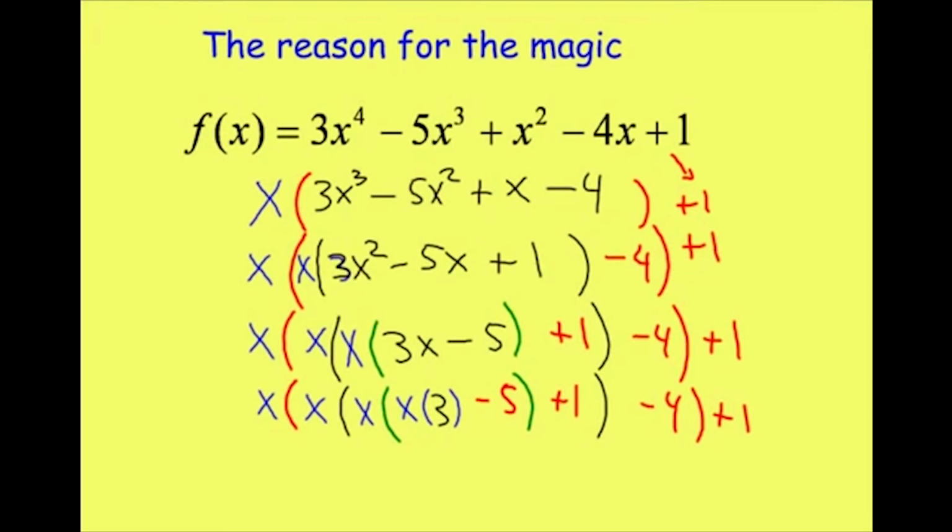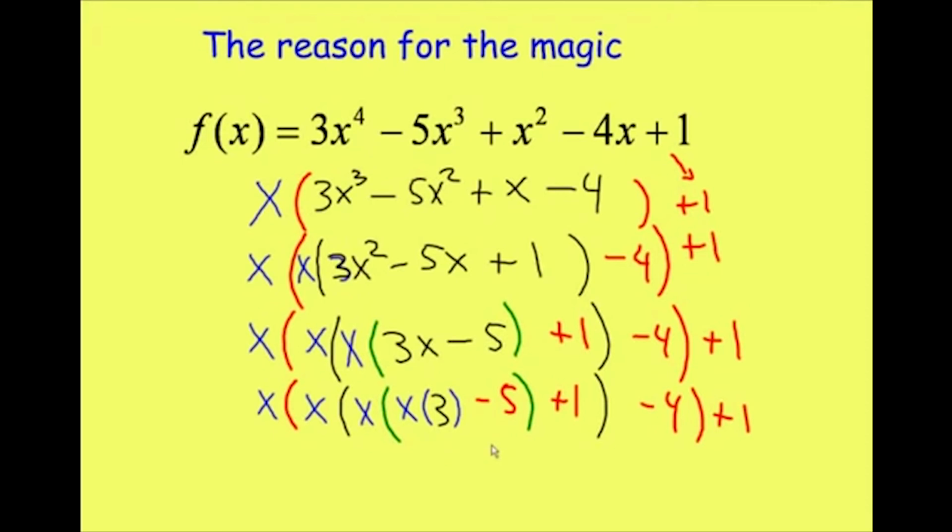So in the end, what we have here is, you'll notice each of the constant terms, the 3, the negative 5, the plus 1, the negative 4, and the plus 1 all came from the coefficients of the original function.